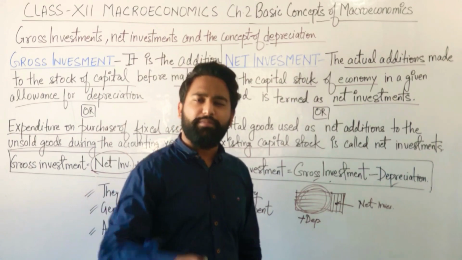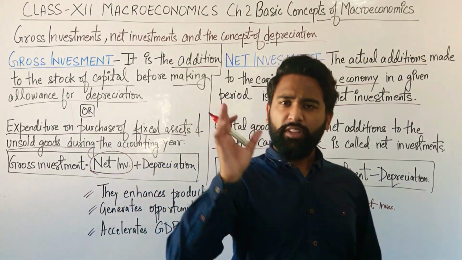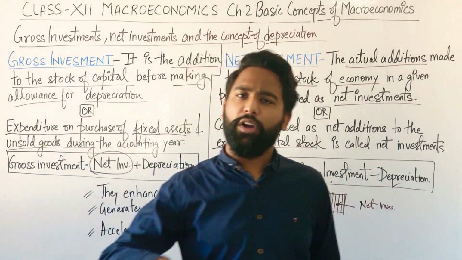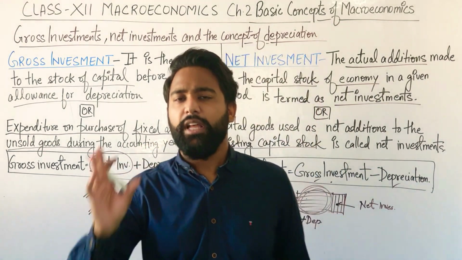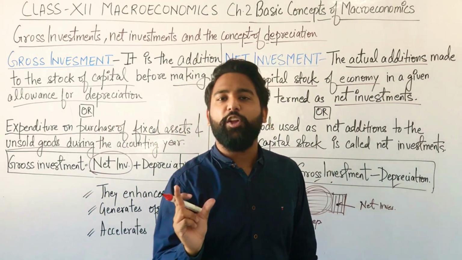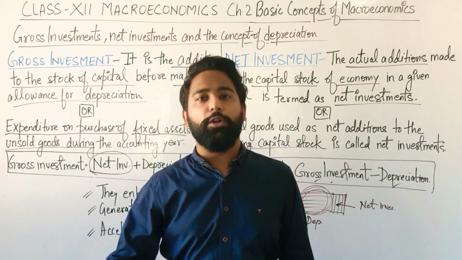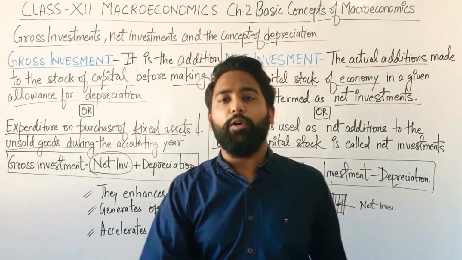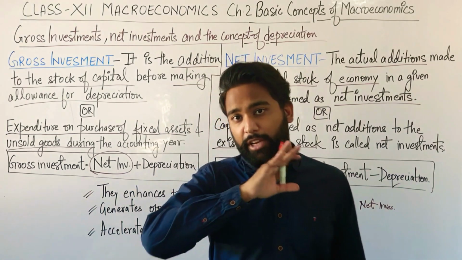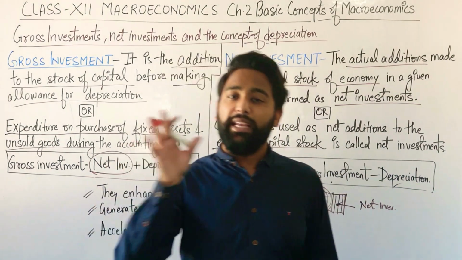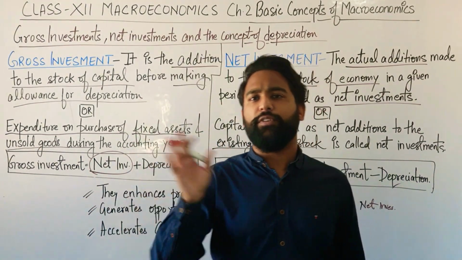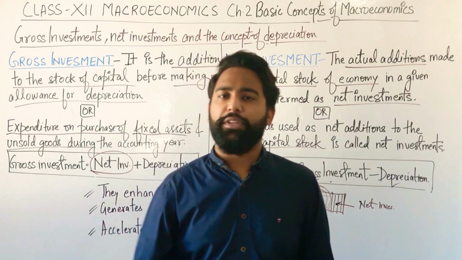Suppose we have bought one phone of 5,000. Then the gross value of that phone is 5,000. Suppose after 1 year you want to resell that. Now the price of that phone will not be 5,000. It will be less than 5,000. Suppose 1,000 is the depreciation.